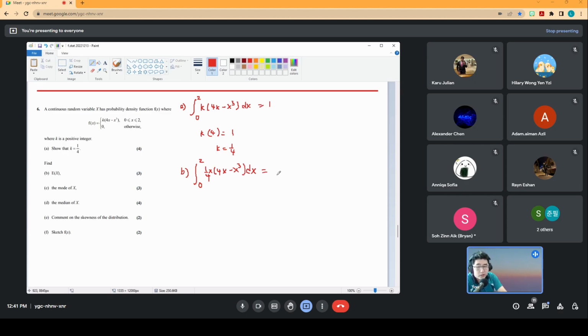If you press your calculator, you have 4x squared minus x to the power of 4 over 4, from 0 to 2. I have 16 over 15. That's my answer.